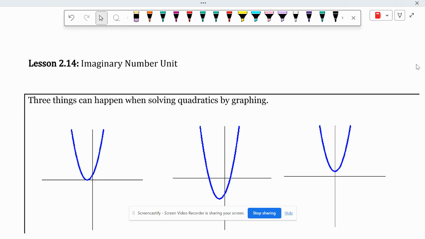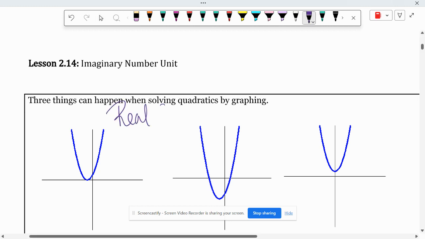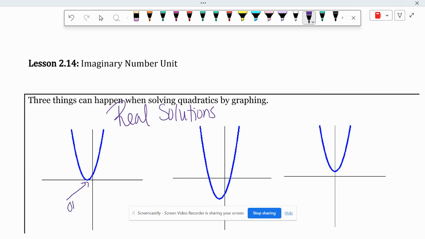That first one and that second one on the graph, both of these are images of real solutions. This one only has one solution, and this one has two.